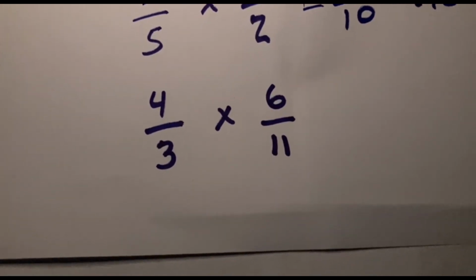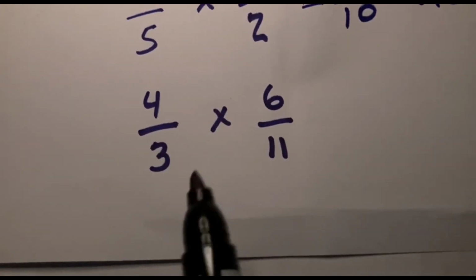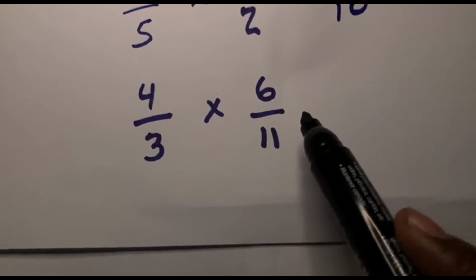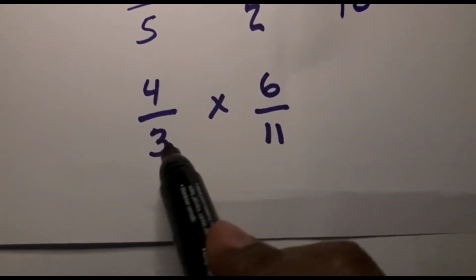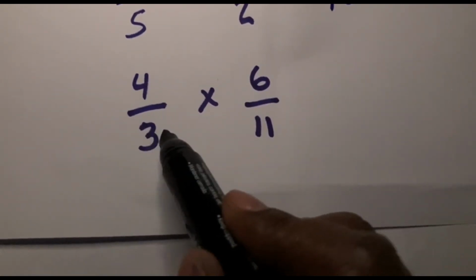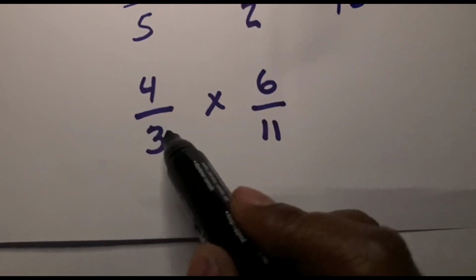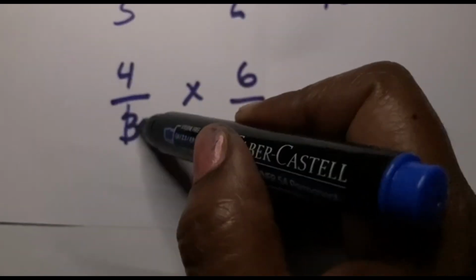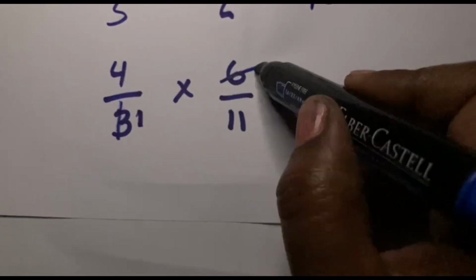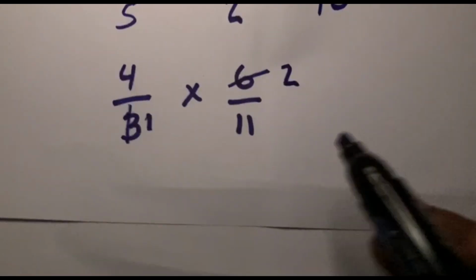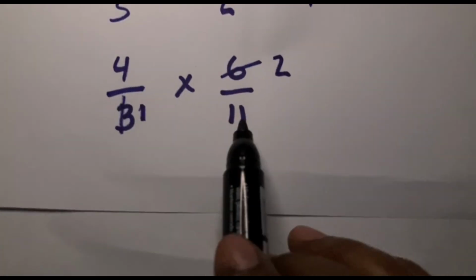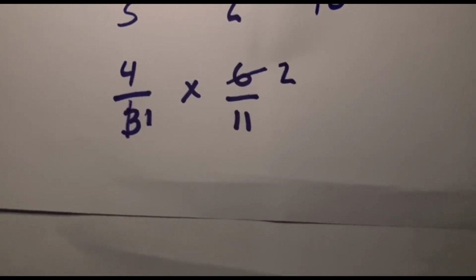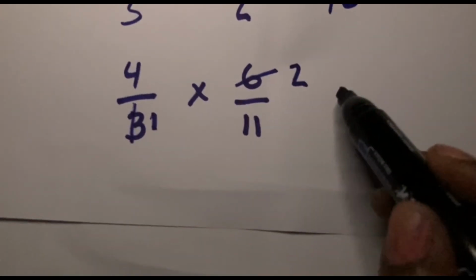Yes. 3 and 6 have a common factor, 3. Therefore, we can divide both of them by 3. 3 divided by 3 is 1 time. 6 divided by 3 is 2 times. Now we simplified. 4 and 11 don't have any common factor, so we don't simplify.